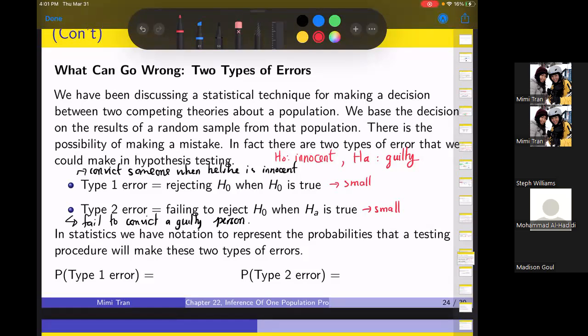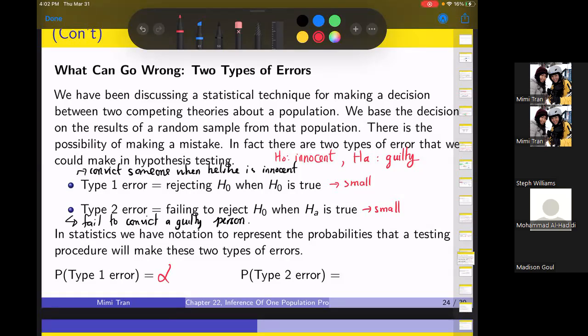Okay, so in statistics, for the notation, the probability of type 1 error we denote alpha. Does it ring any bell? What's alpha? Yeah, significance level. That's why it's so small. That's why it's always 5% or 1%, or the largest would be 10%. Now the p-value is actually related to the significance level.